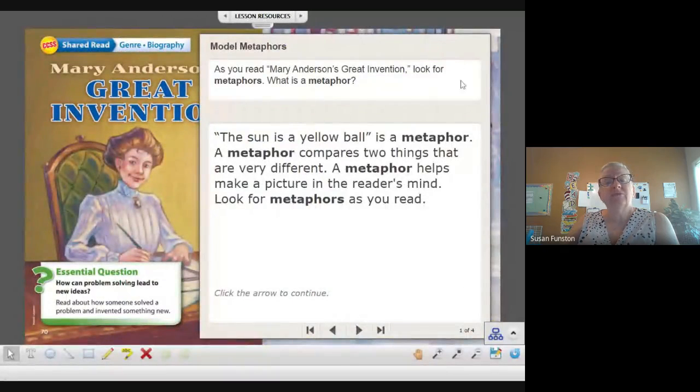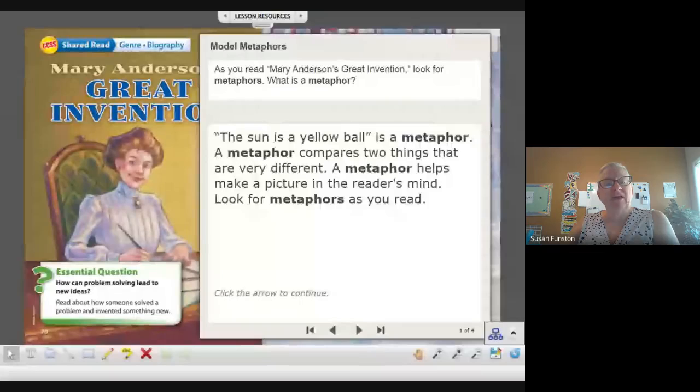All right, now we're going to look at metaphors. So what is a metaphor? The sun is a yellow ball is a metaphor. What a metaphor does is compare two things that are very different. A metaphor helps make a picture in the reader's mind. Let's look for metaphors as we read.